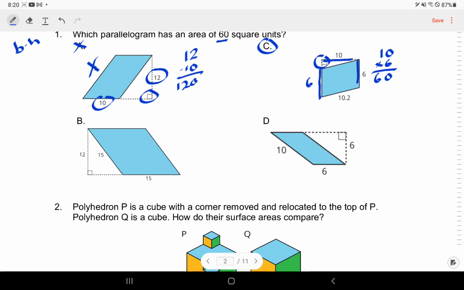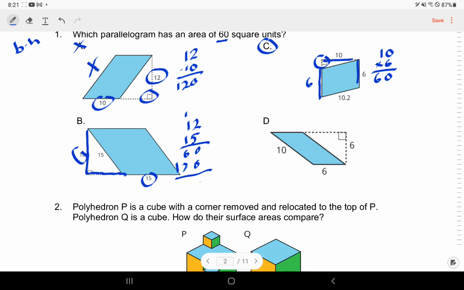Now, if I continue just to make sure, right angle, so that's 12 and 15. Well, 5 times 2 is 10, carry 1, 5 and 1 is 6. Placeholder. 1 times 2 is 2. 1 times 1 is 1.